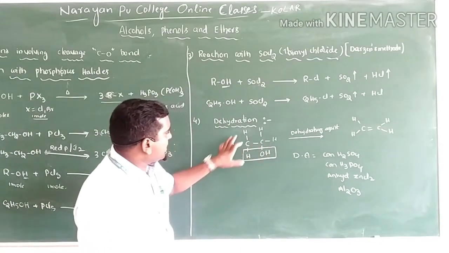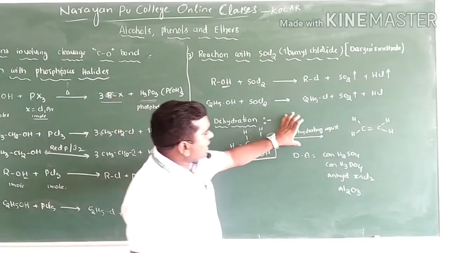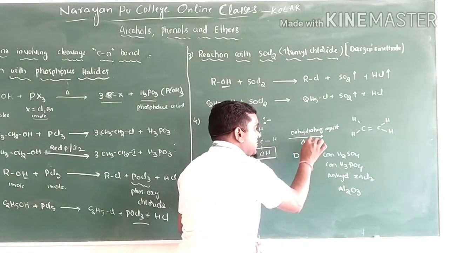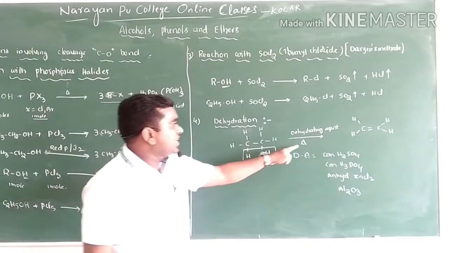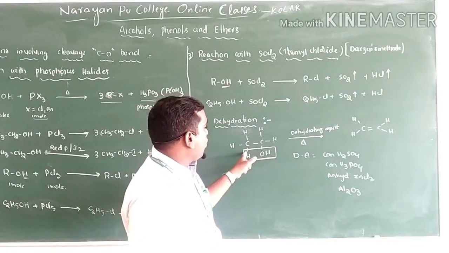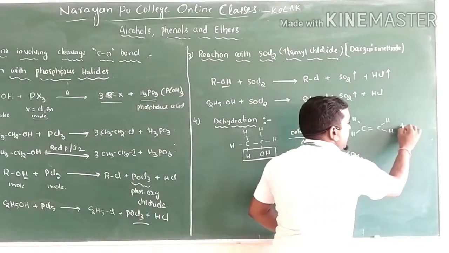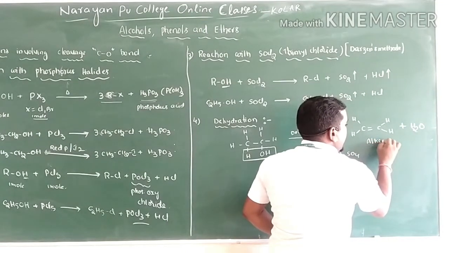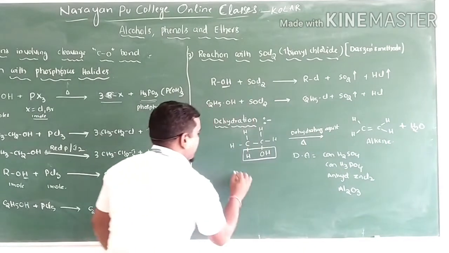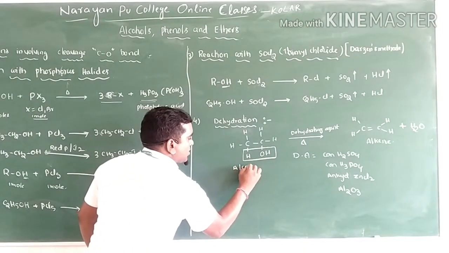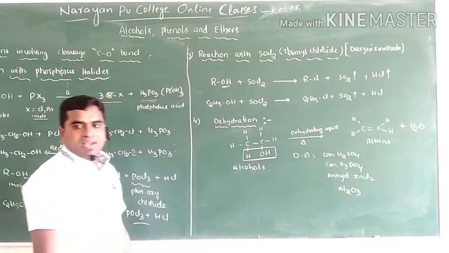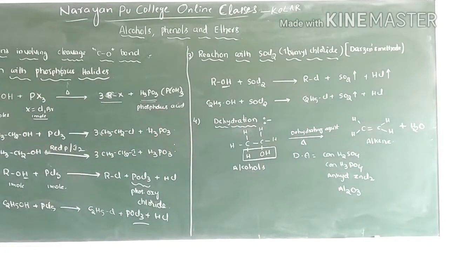Take the alcohol in the presence of concentrated H2SO4 and just heat it. Heat is required. The water molecule will be removed and you will get the alkene as the product.